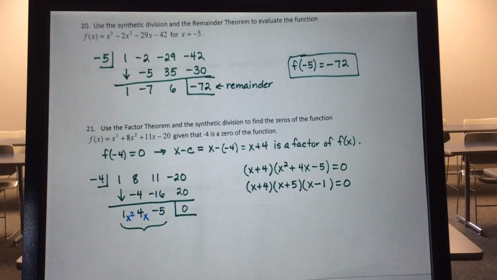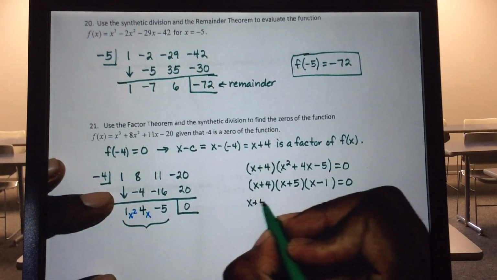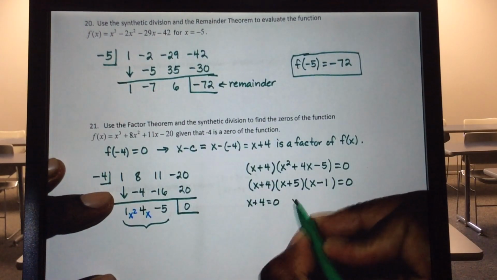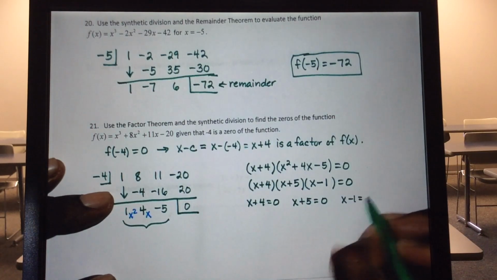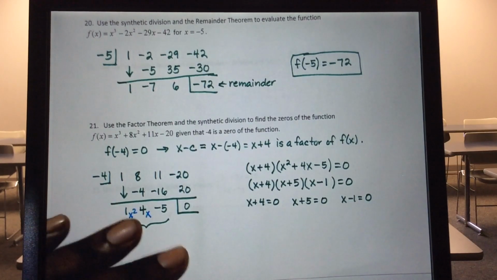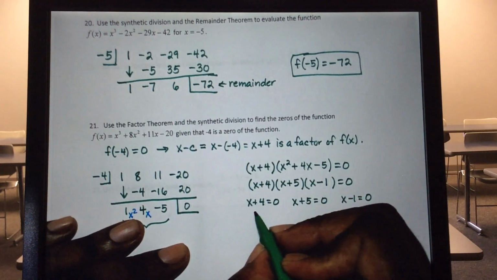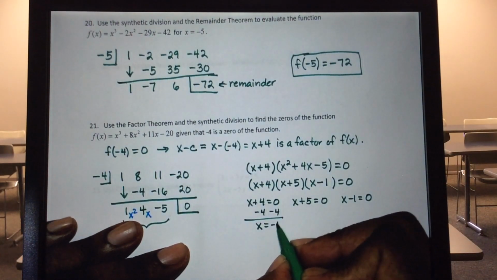Now we're going to set each individual binomial factor to be equal to 0. So this means x plus 4 equals 0, x plus 5 equals 0, x minus 1 equals 0. Each one of those we're going to solve for x. So for the x plus 4 equal to 0, if I subtract 4, I'm going to get x equal negative 4.